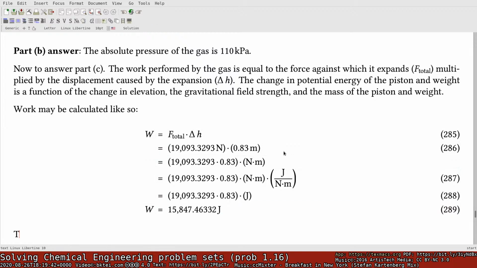Now, change in potential energy of the piston and weight may be calculated like so.